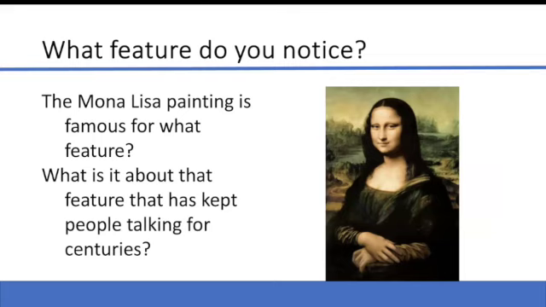One of the reasons this picture is so famous is because people can't figure out what she's thinking and what Da Vinci meant by that expression, because it's almost a smile, but not quite a smile. So the ambiguity is a feature of nonverbal communication, even more so than verbal communication. And so it makes it more difficult to read.